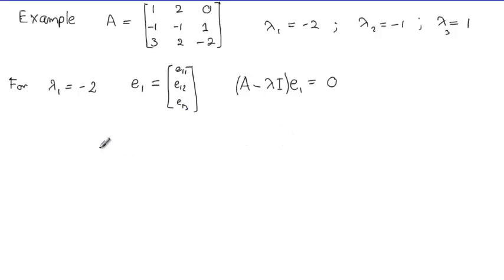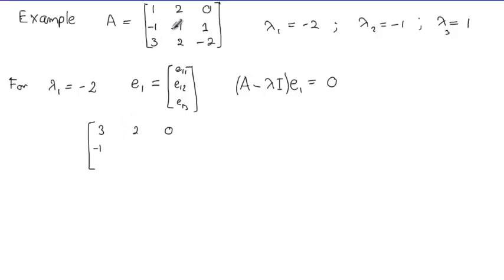So what we're going to do now, we've got to have our matrix here. I'm going to be quick on this one because I think we've discussed it several times. Now we're going to have 1 minus lambda, and the lambda is minus 2. So here we're going to have 1 minus minus 2, which is going to be 3, 2, 0. And next, we're going to have minus 1.